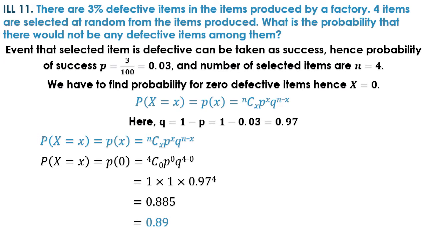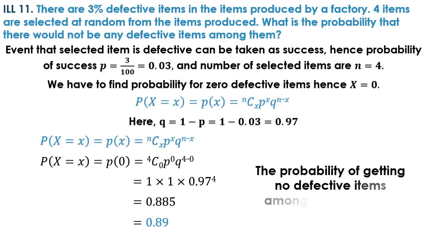The final answer is 0.89, the rounded figure. So the probability of getting no defective items among all the 4 items is 0.89. So this is your answer, my dear students. It's actually a very easy concept because you just have to put the formula in the question, that's all. Moving on to the 12th one.